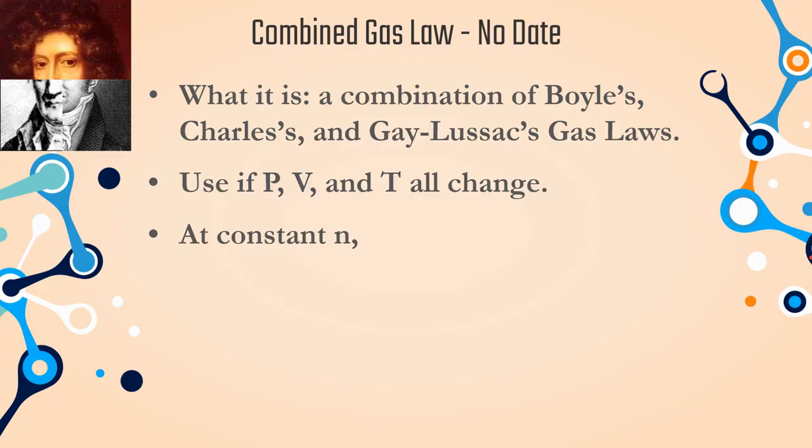Now, if we use an equation where pressure and volume are multiplied, but pressure is divided by temperature and volume is divided by temperature, we end up with this equation down here, where those same mathematical relationships are all satisfied. Pressure and volume are multiplied, pressure and temperature are divided, and volume and temperature are also divided. Again, this allows us to predict how all three variables will change in a situation where that's possible.